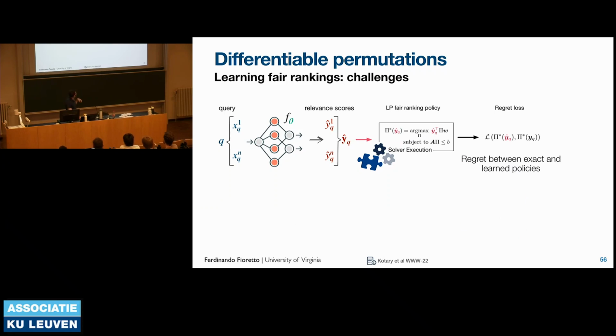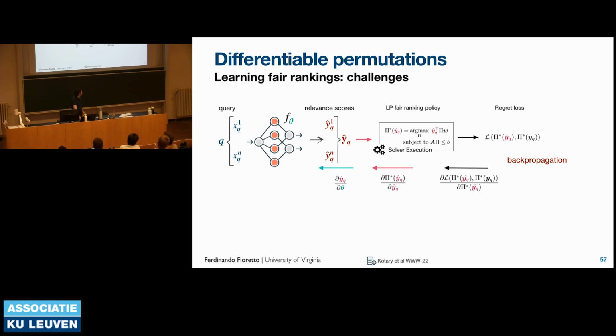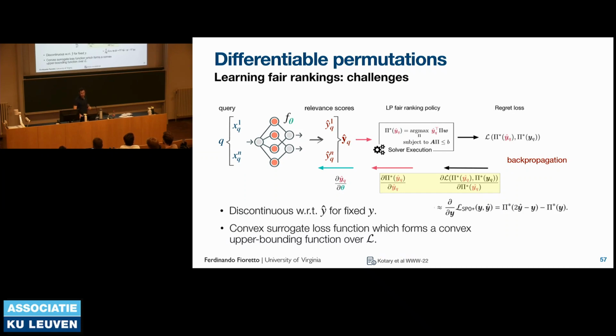So we can find a solution, and we can measure how good those solutions are through a notion of regret. And then for backpropagation, we're using some notions that will be introduced in a lot of detail by Elias in a few days, which is the notion of SPO loss, which is essentially forming a convex upper bounding over the original loss.